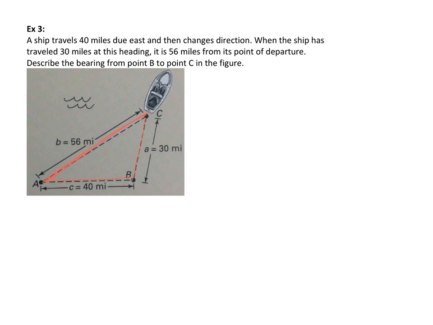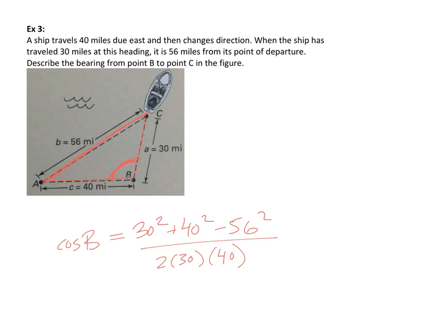Let's see, what are we going to do here? I need to figure out this angle here. Obviously, this is the largest angle. So cosine of B is equal to 30 squared plus 40 squared minus 56 squared over 2 times 30 times 40.